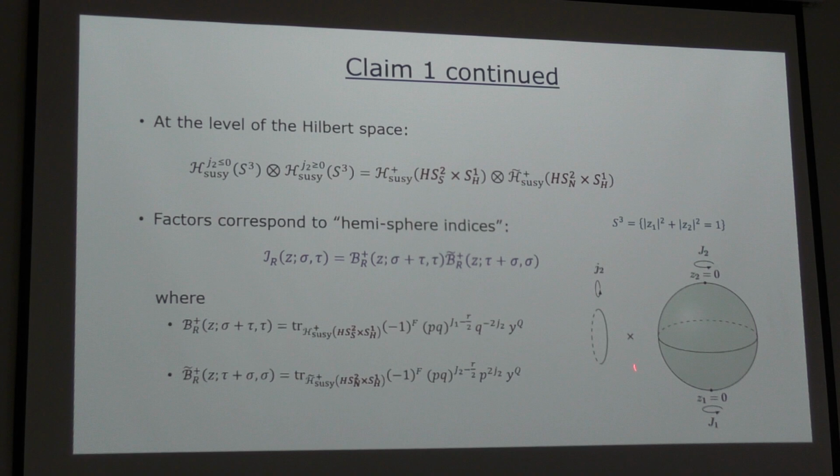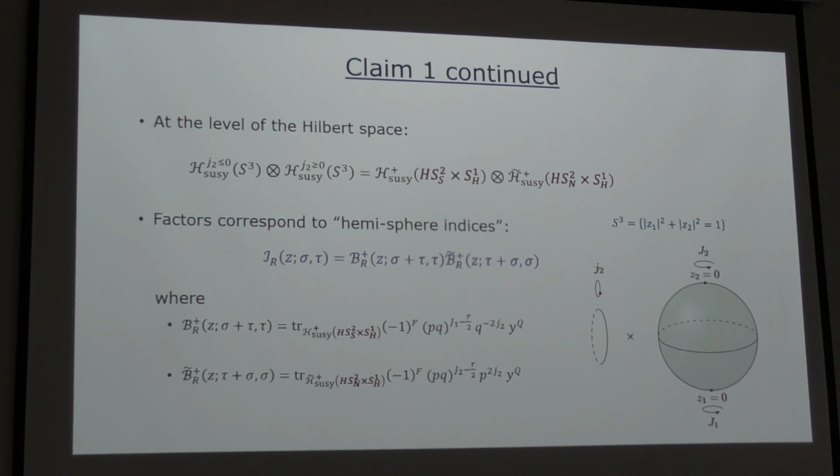For the southern hemisphere, I will weigh it by some operator J1, which would correspond to rotations in the southern hemisphere, and J2, which corresponds to rotations around this circle. But for the other hemisphere, because the fibration is non-trivial, I find that there's a different rotation charge by which I must weigh the trace. I'll get to it. That's a bit of detail. I hope that the main statement is clear.